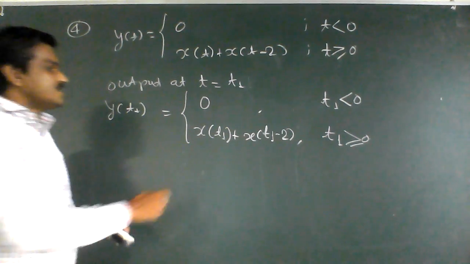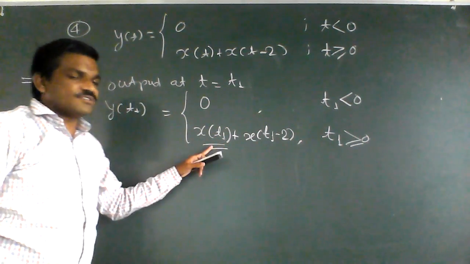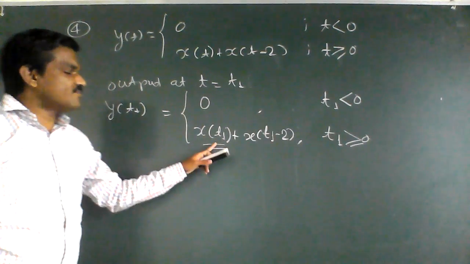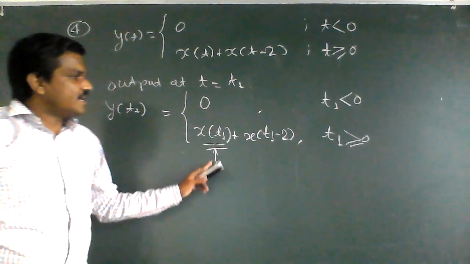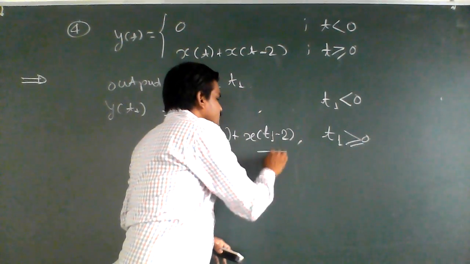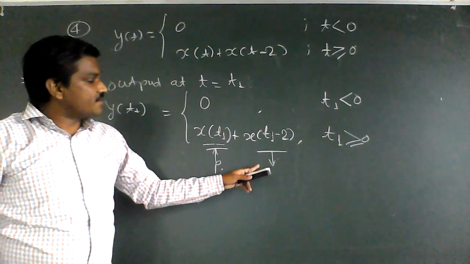You can see that this is x of t1, which is your present input value, and this is x of t1 minus 2, which is your past input value.